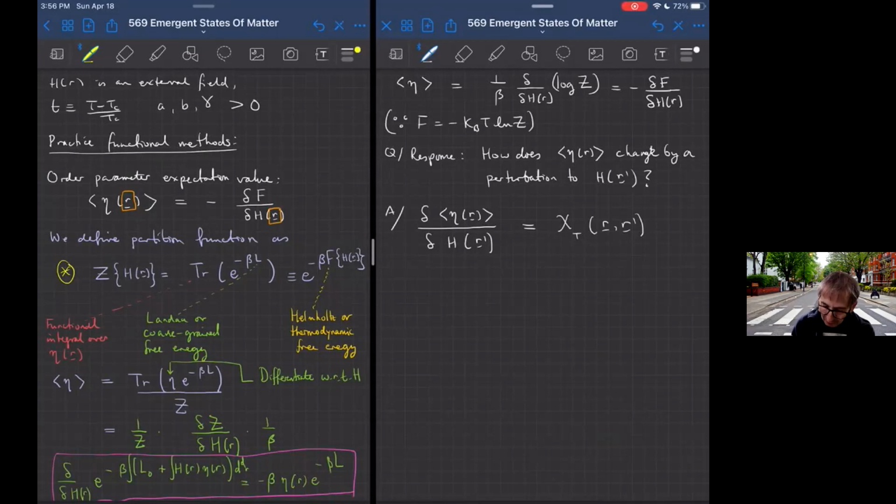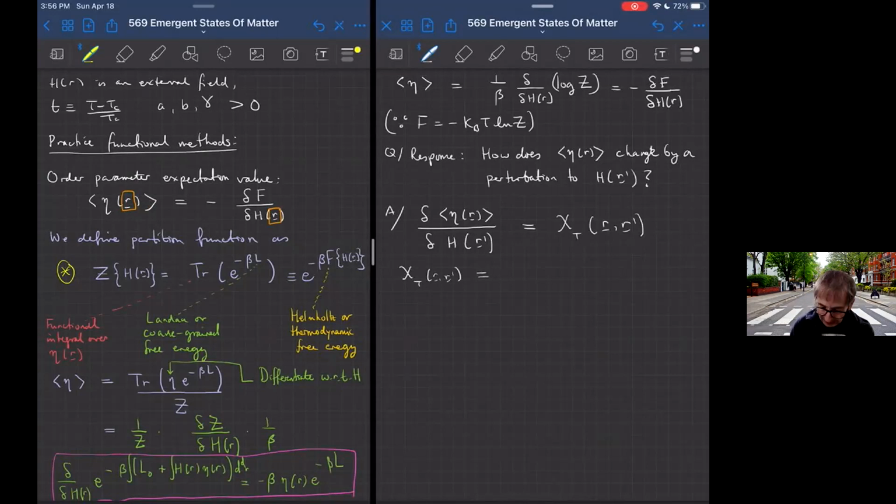So, of course, eta itself, the expectation value, is minus dF by dh. So this is a second derivative, because we've differentiated once to get eta, and now we have to differentiate again with respect to h of r prime.